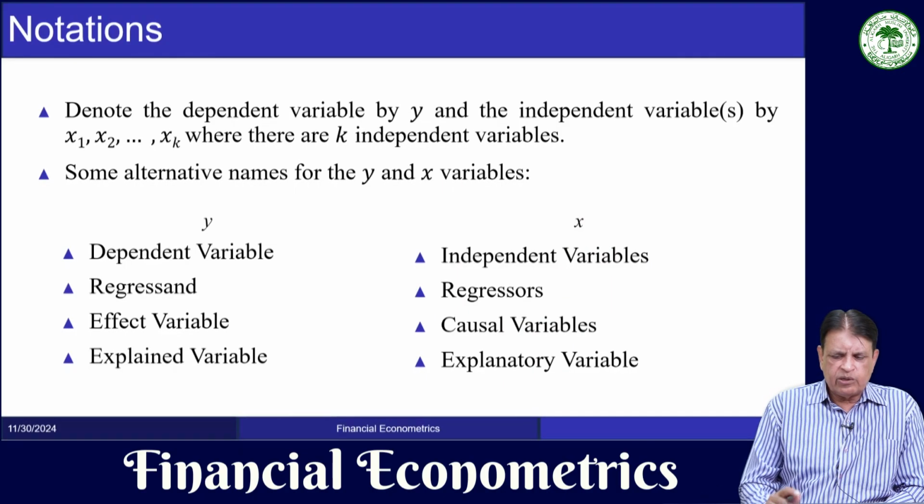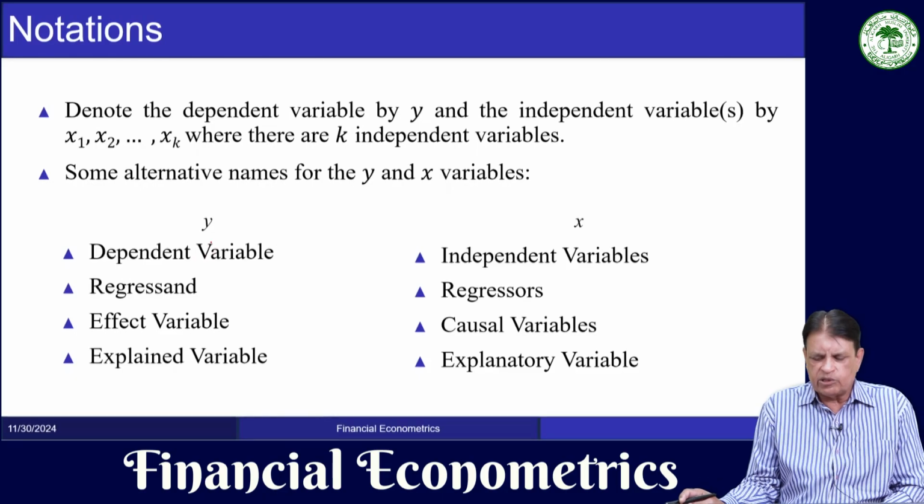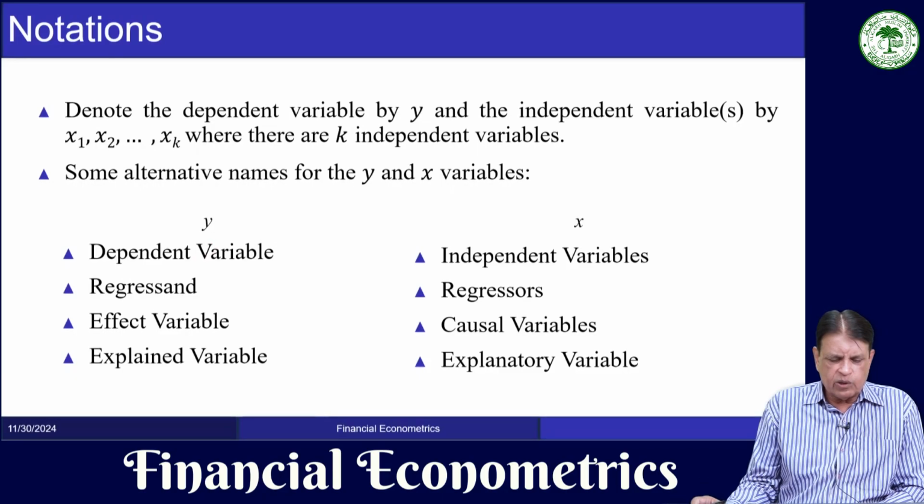Now we have notations given here. The dependent variable is usually denoted by y, and the independent variable is usually denoted by x. We also call the dependent variable the regressand, and the independent variables are also known as regressors. The dependent variable is the effect variable, and the independent variables are the causal variables.